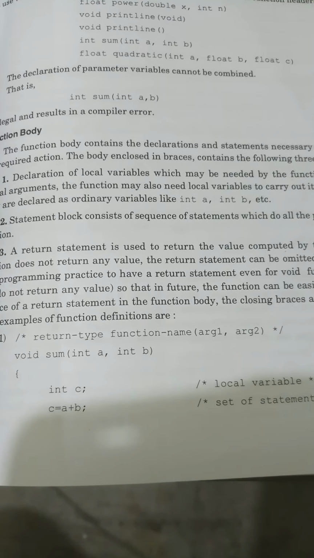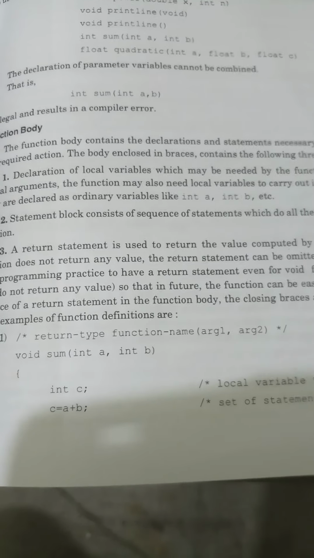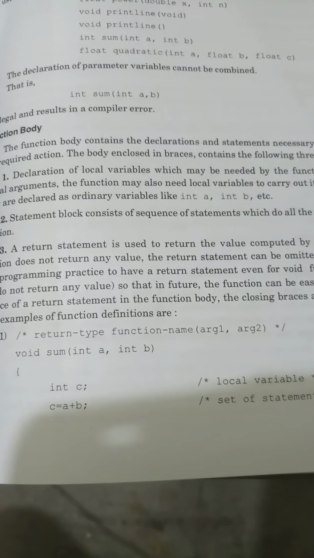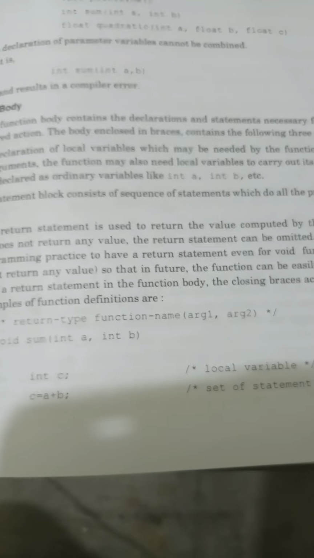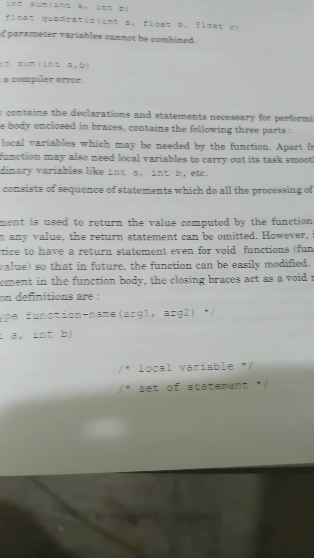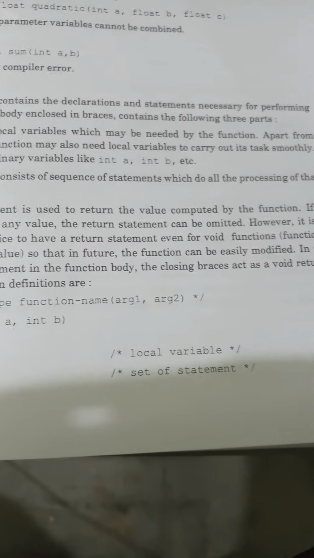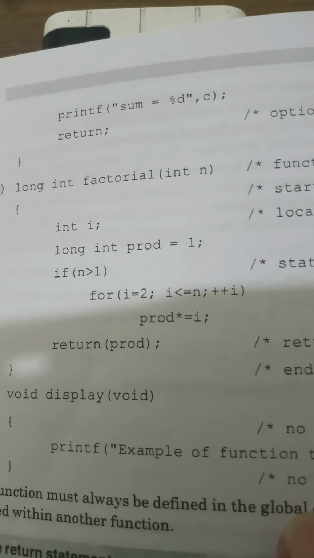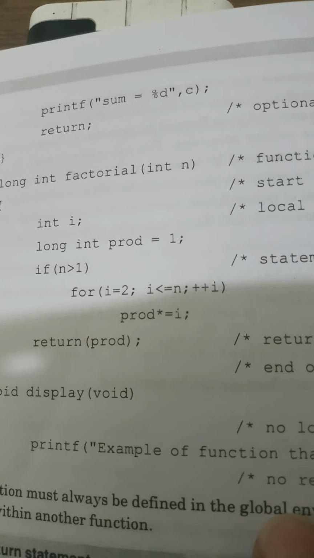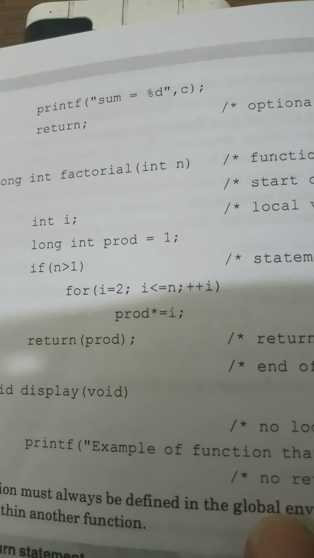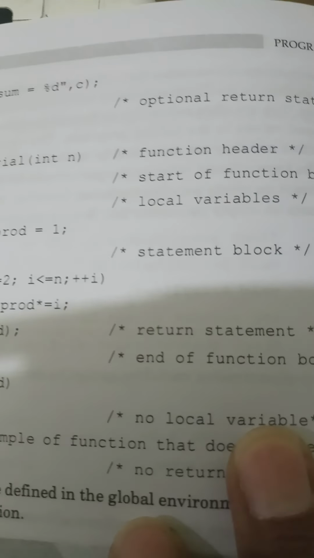Void sum, int a comma int b, int c local variable, c equal to a plus b, set of statements. printf sum equal percentage d comma c. Return, optional return statement.